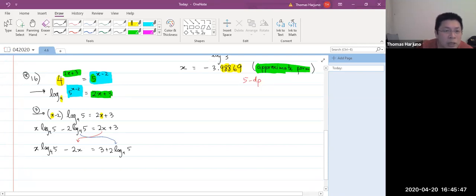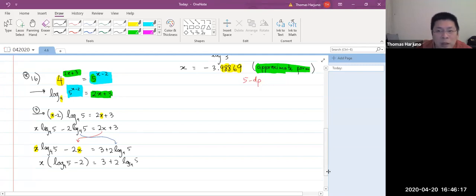Now you see that the x terms are together, right? Now guess what? What do we do next? That's right, we factor the x. So that will be x times log base 4 of 5 minus 2 equals 3 plus 2 log base 4 of 5.